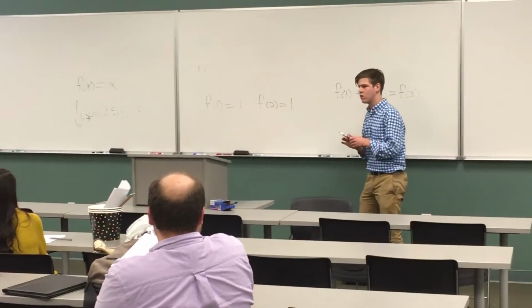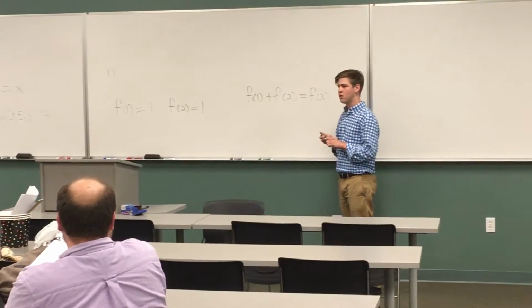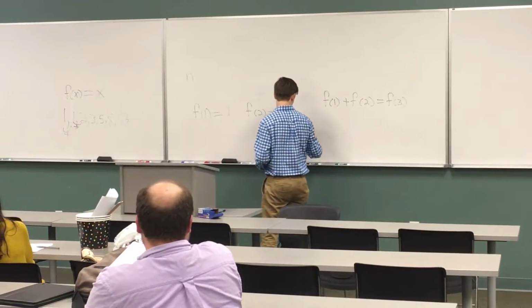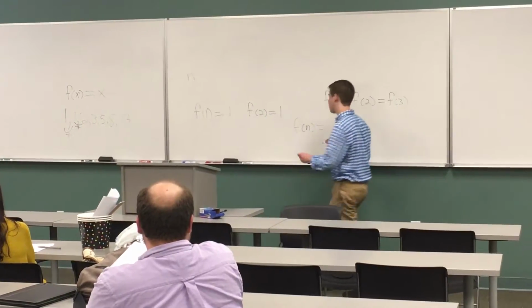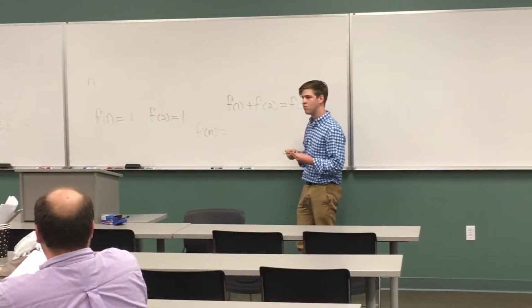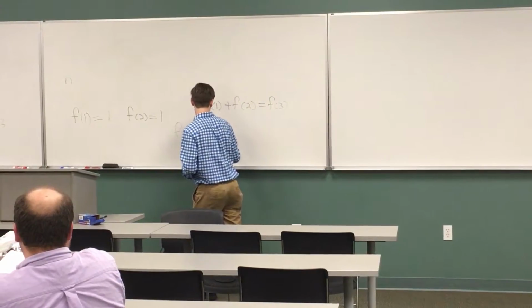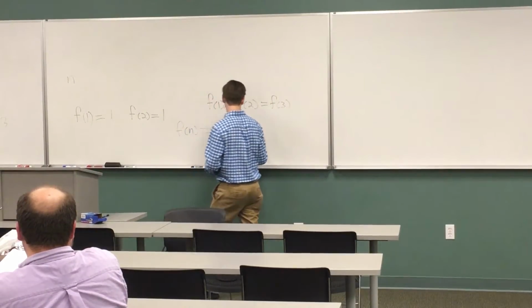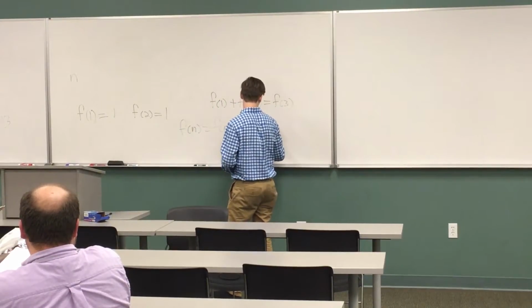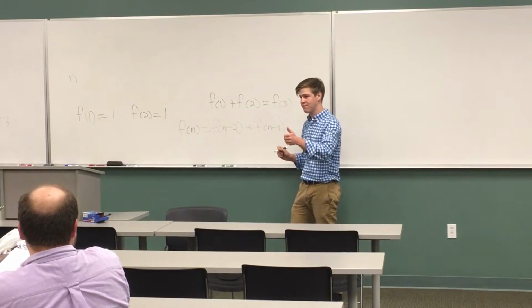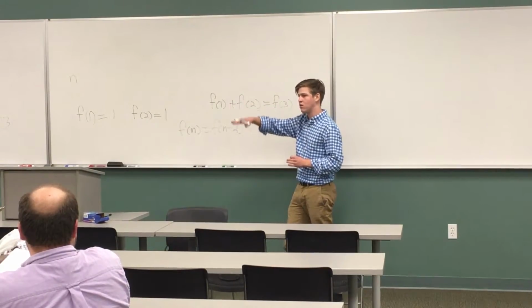What's a more general way that we could write it? f of n equals f of n minus 2 plus f of n minus 1. Perfect.